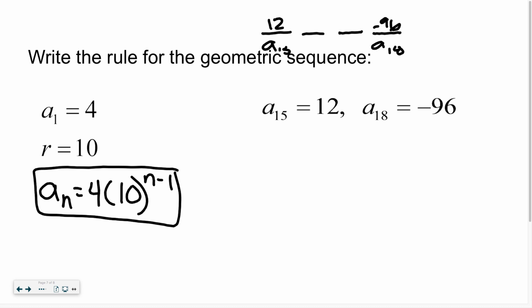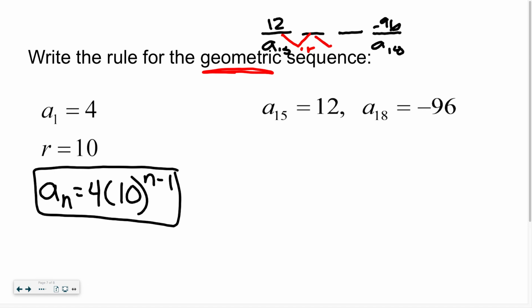And in a geometric sequence, how am I getting to the next term? Not specifically, just generally, in a geometric sequence. I'm multiplying by some common ratio. So don't I take 12 times r, and I get my 16th term?